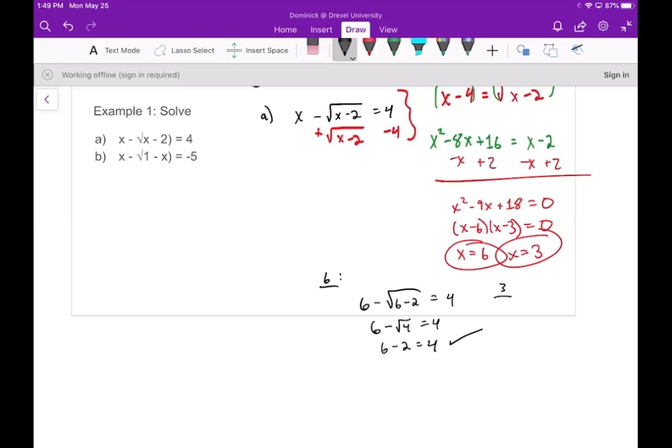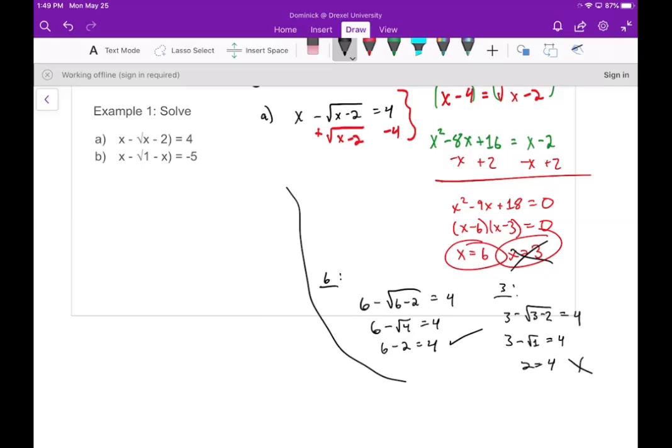All right, if we check 3, we're going to have a 3 minus square root of 3 minus 2 is equal to 4, and we get a 3 minus square root of 1 is equal to 4, so we get a 2 equals 4. So that's not true, so then we need to throw out 3. All right, so your only solution here is 6.